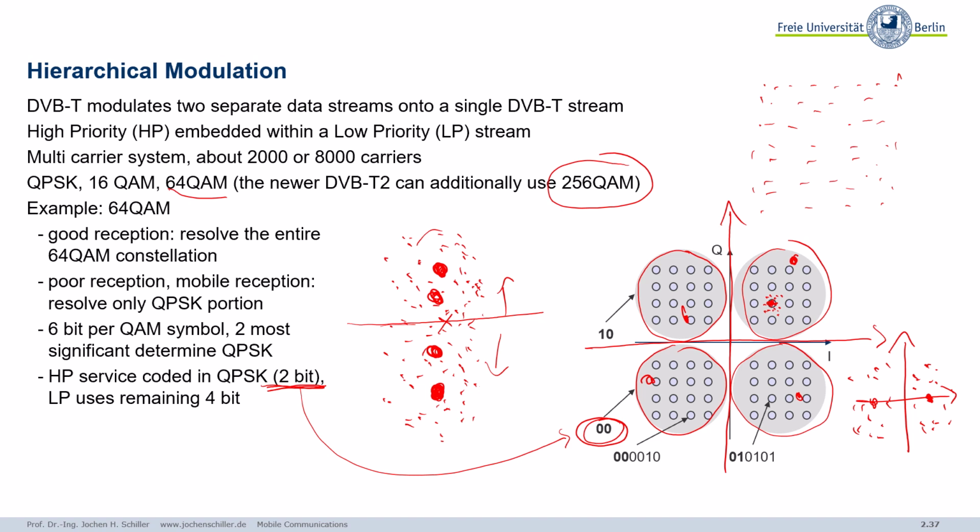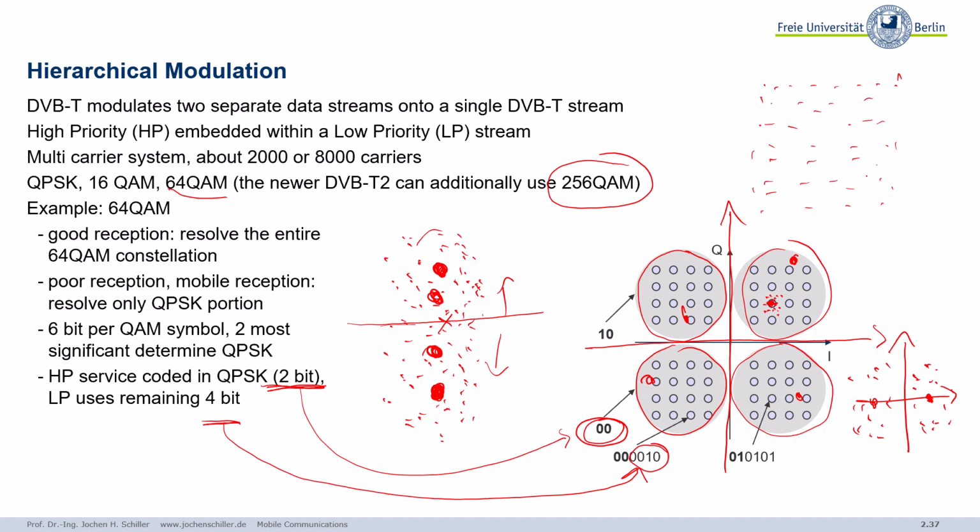And low priority, the remaining 4 bits. If the conditions are nice, well, for example, you will be able to see a more fine-grained picture. If transmission conditions are not that good, at least you will see a frame each, let's say, each second or whatever, depending on the scheme.